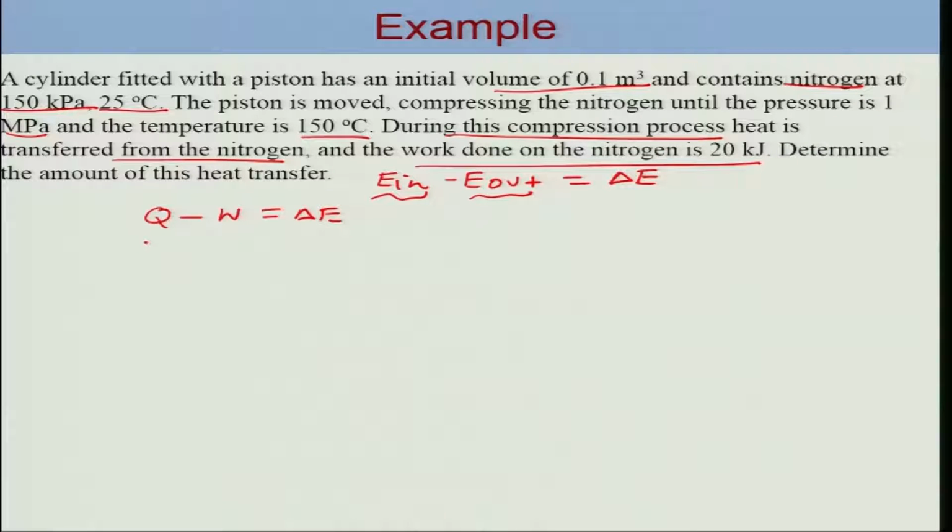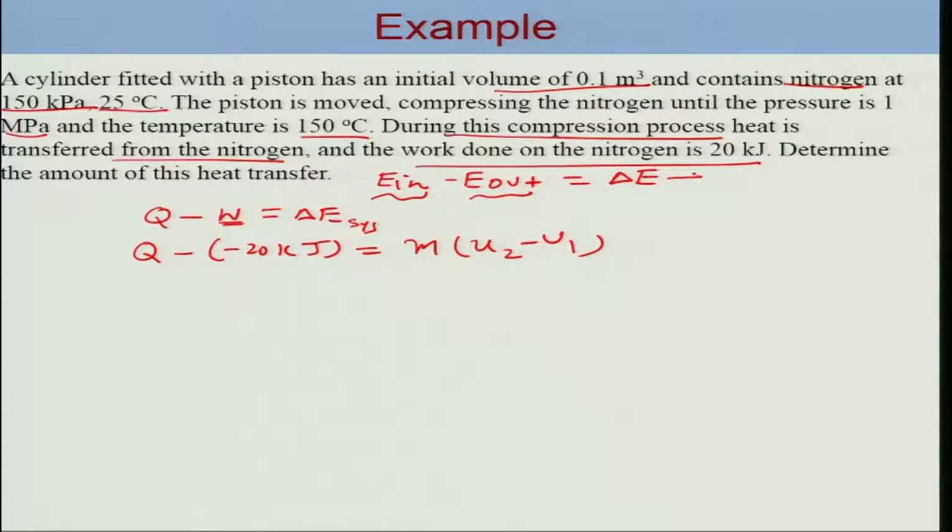So essentially Q minus W, where Q is supplied to the system and W is the work done by the system on the surroundings, should be equal to the change in the energy of the system. So this should be equal to m times u2 minus u1, considering all other terms such as kinetic and potential energies are 0. So this is one way of putting it.